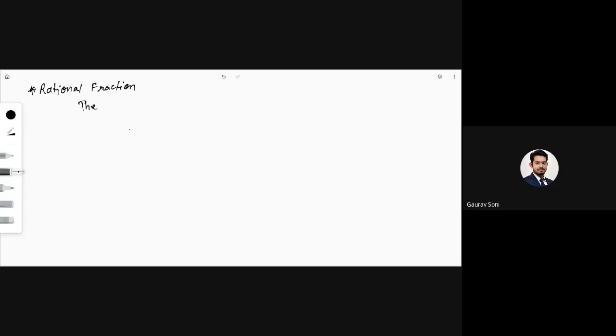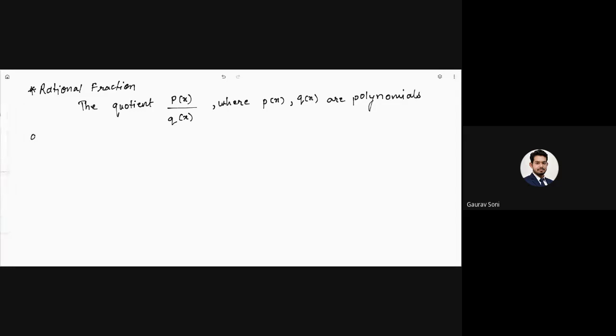Yes, exactly. So the quotient P of x upon Q of x, where P of x, Q of x are polynomials, and Q of x not equal to 0.